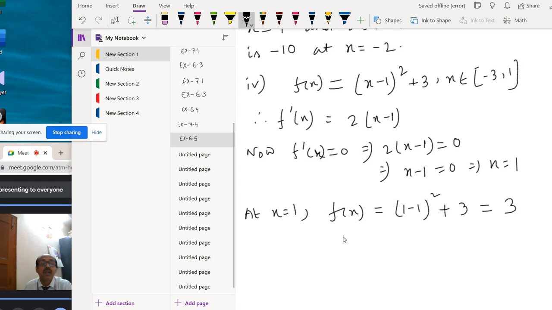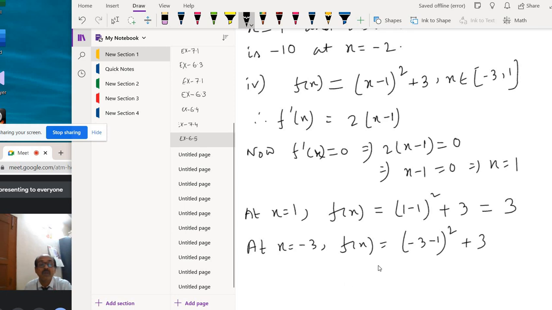And another point at x equal to minus 3. f(x) equal to (minus 3 minus 1) whole square plus 3. Minus 4, 4 4s are 16, 16 plus 3 equal to 19.